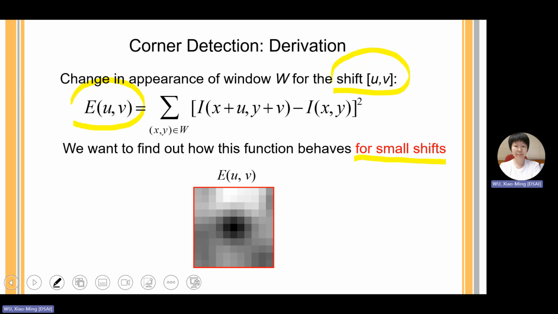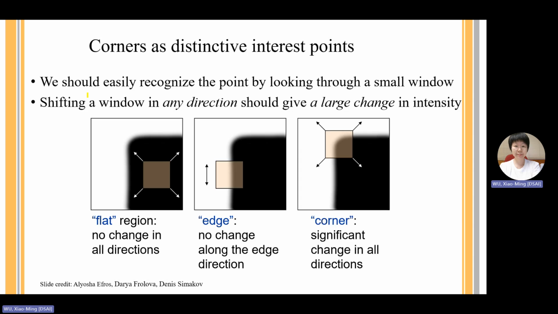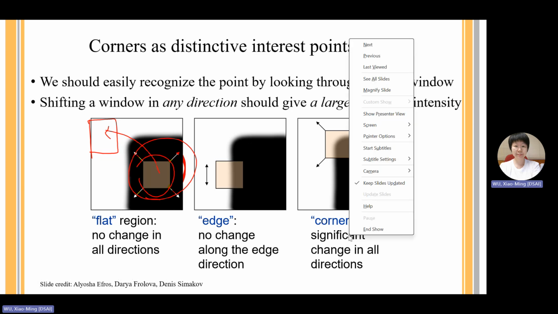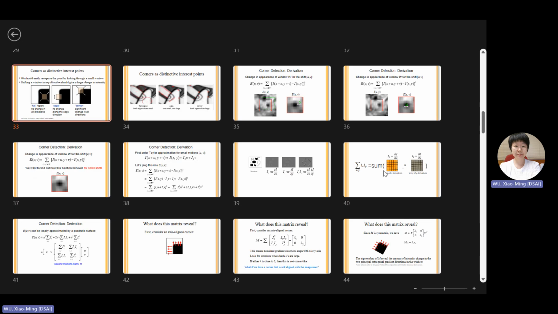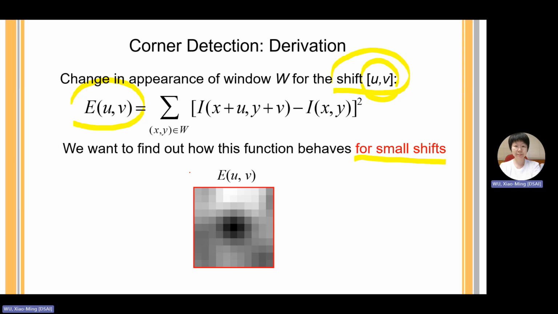Also, if UV is too large, we only want to shift the window locally. We don't want to shift the window from this position to here, because of course there will be a significant change. So we only shift the window locally to examine its changes.